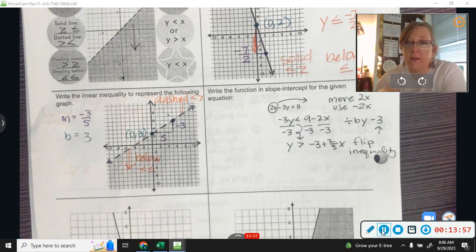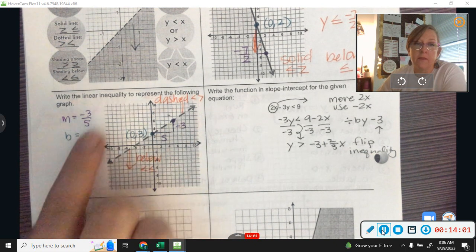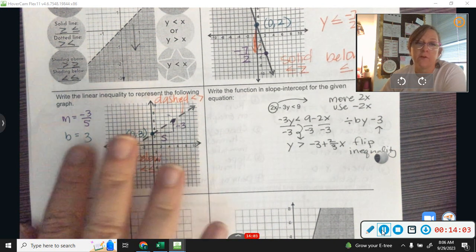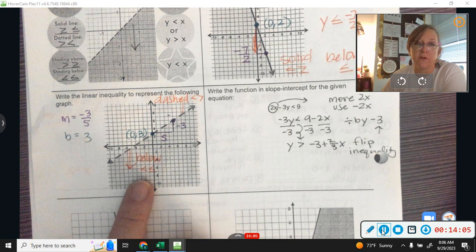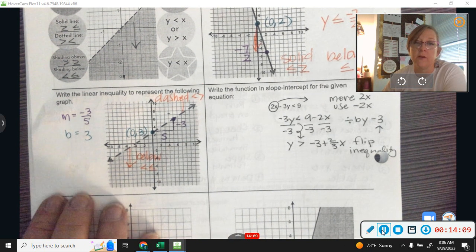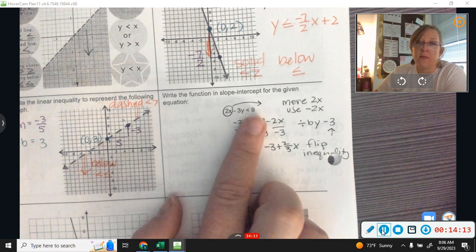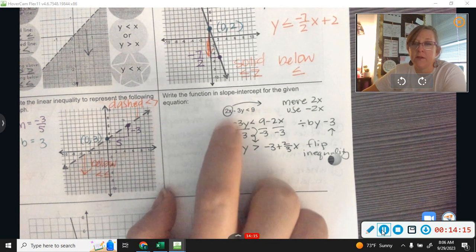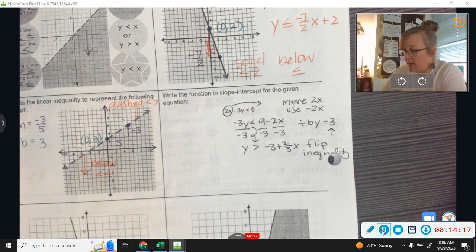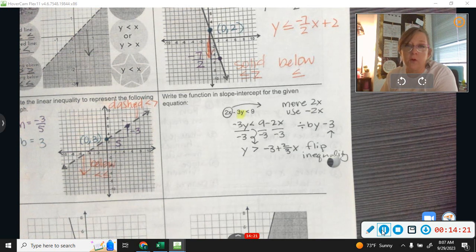As I was working these 2 guided practice problems, I wrote out my thinking on this one. So if you're stuck or struggling to get this, maybe look through these notes and then try to write your inequality from there. One thing I did want to mention is on this one where we were trying to get it to slope-intercept form, you have to solve for y, right? So we're trying to get y alone.